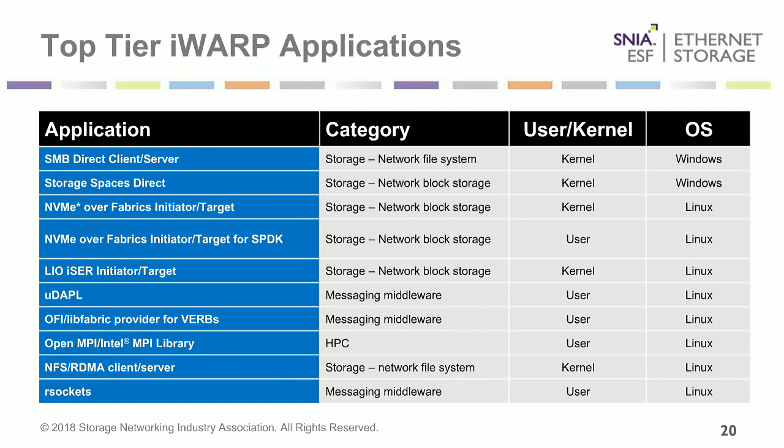On top of SMB Direct, you can have Storage Spaces Direct and Microsoft Storage Replica. And on top of Storage Spaces Direct, there can be more complete solution stacks. If you refer to the Microsoft website, iWARP is the recommended RDMA implementation from Microsoft for Storage Spaces Direct. We will also have NVMe over Fabrics support for iWARP, supporting both kernel and SPDK.